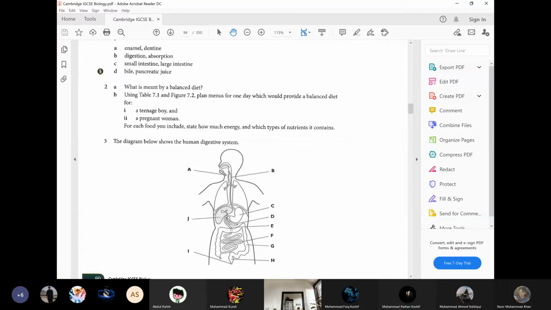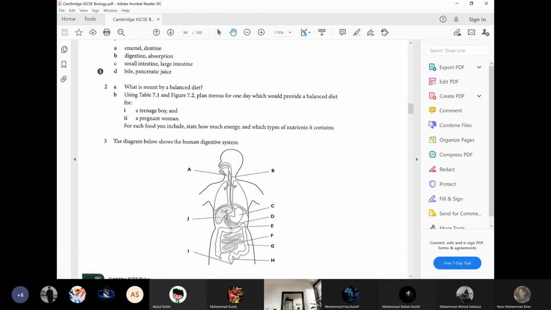Next one is bile and pancreatic juice. Who will tell me what is bile? Okay, let me tell, boys. Bile is produced by the liver and stored in the gallbladder.